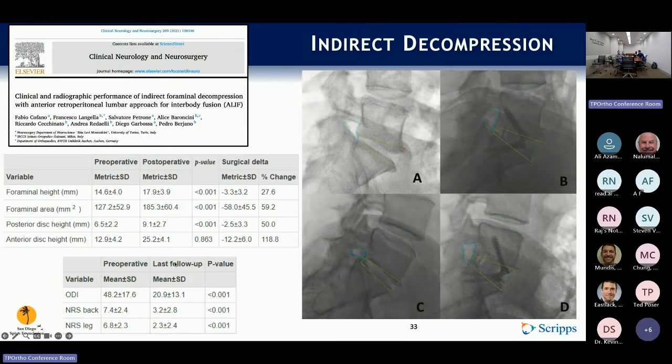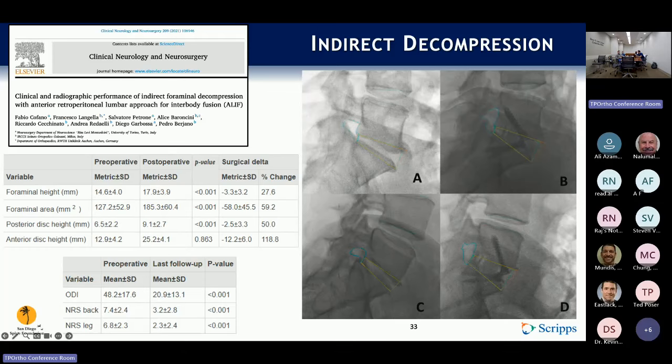This was a paper that looked at indirect decompression, from 2021. They investigated the use of ALIF procedures and whether they could provide safe and effective indirect foraminal decompression. They radiographically reviewed post-op X-rays, looking at the foraminal height and area. They only assessed the L5-S1 level, and they excluded any patients who had spondylolisthesis or severe stenosis.